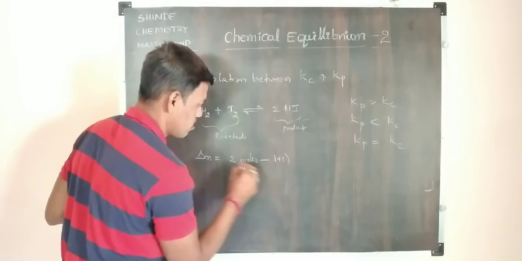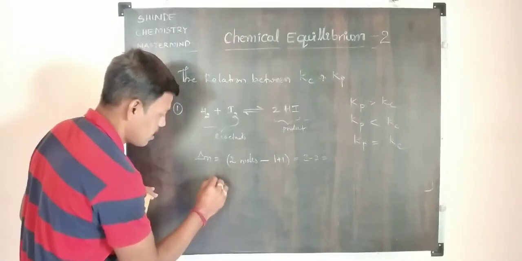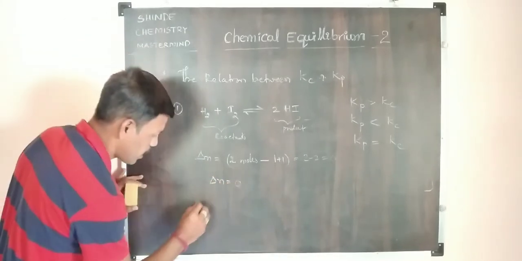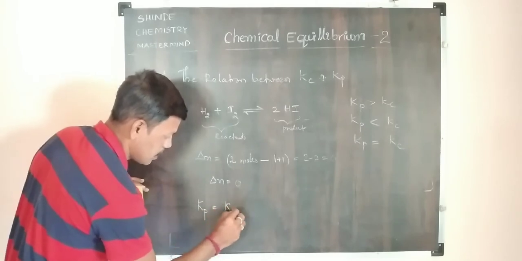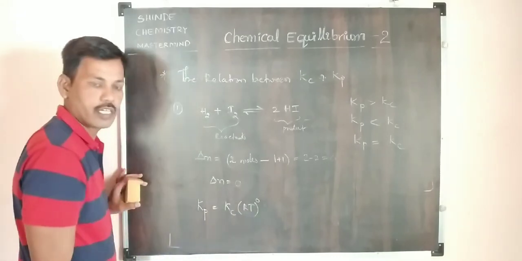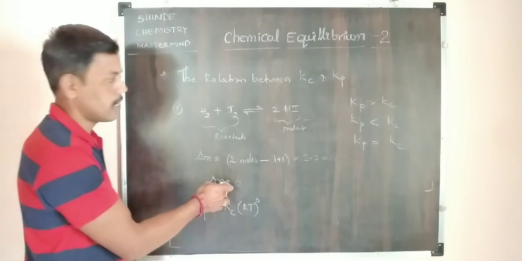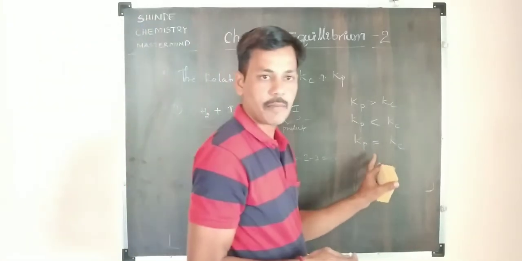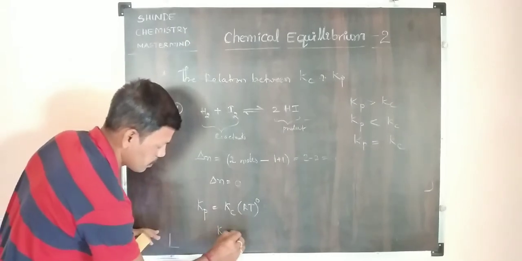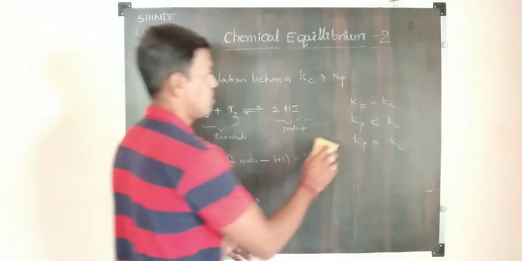So 2 minus 2 is 0; the delta n value is 0. Kp is equal to Kc into (RT) to the power 0. So overall, since delta n is 0, in this equilibrium Kp is equal to Kc.